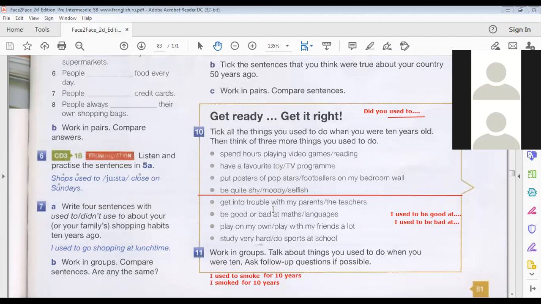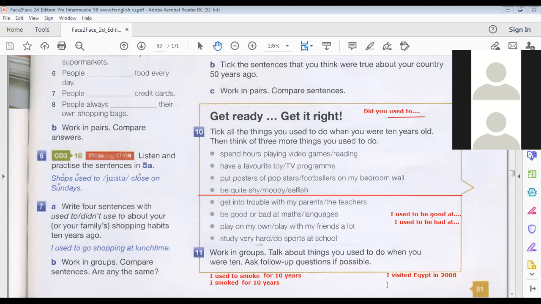So used to and the past simple are cousins. They're very close. But the only difference is with the past simple, you can use it for one-time actions. You can say, I visited Egypt. But if you say I used to visit Egypt, the meaning is different. If you say, yes, I visited Egypt in 2008, okay, this has a meaning.